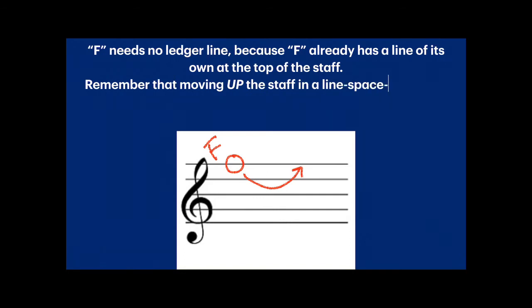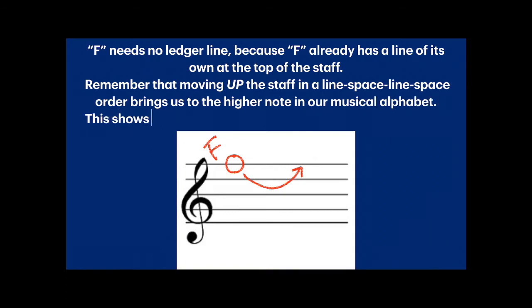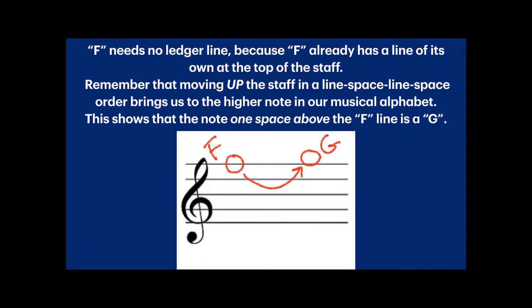Remember that moving up the staff in a line space order brings us to the next higher note in our musical alphabet. This shows that the note one space above the F line is a G.